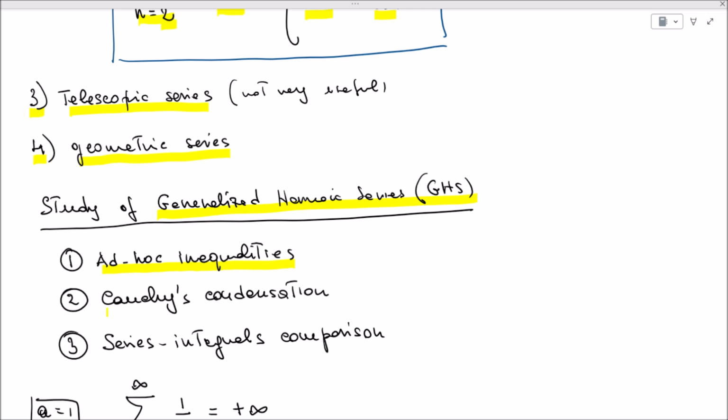Another option would be to use Cauchy's condensation, and the third option would be using a criterion based on the comparison between series and integrals. Now, this tool will be introduced after discussing the integral, so we'll leave this aside for a while and come back to it after introducing the integrals.